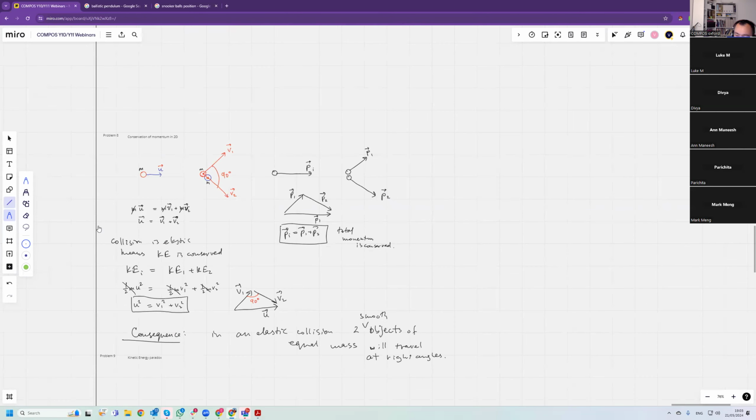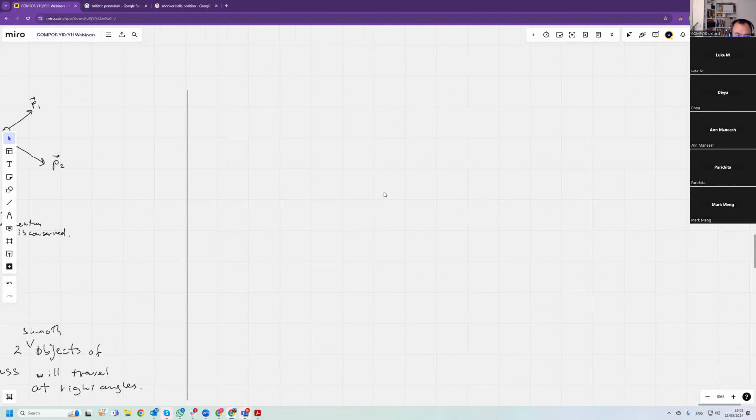Let's also talk about something more pragmatic. If you have a ball that is traveling, let's say a 1 kilogram ball traveling at 3 meters a second, and then you have another ball and another ball. Let's say this is a 2 kilogram ball, and this is a 1 kilo, and this is the same 1 kilogram ball.